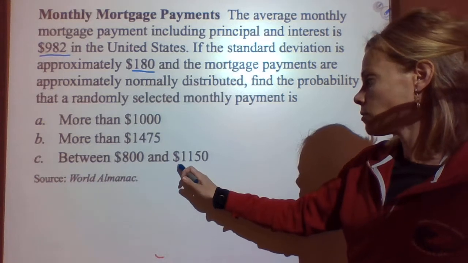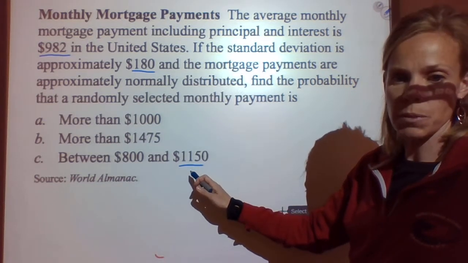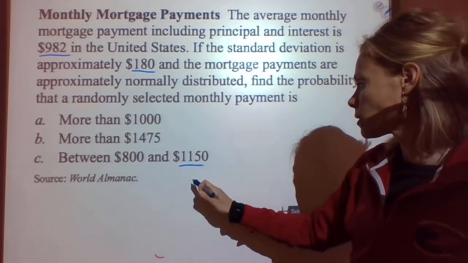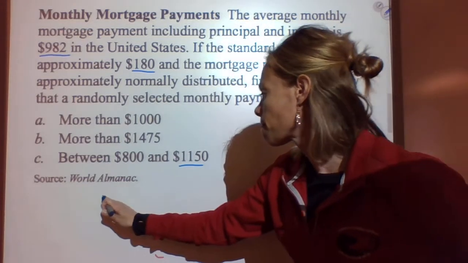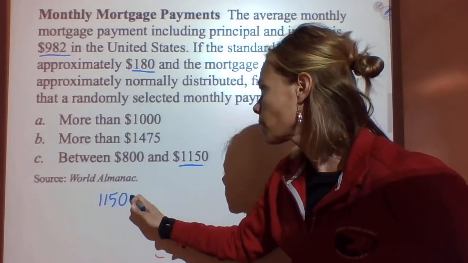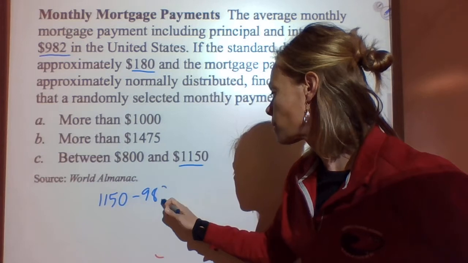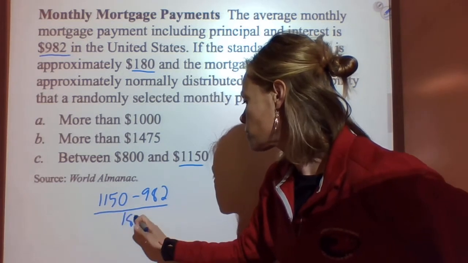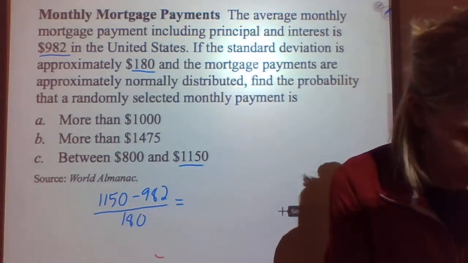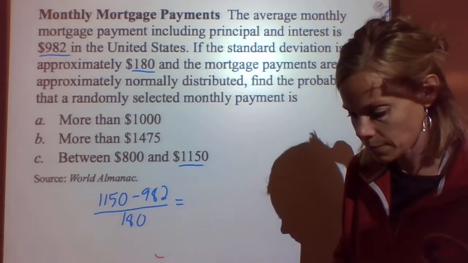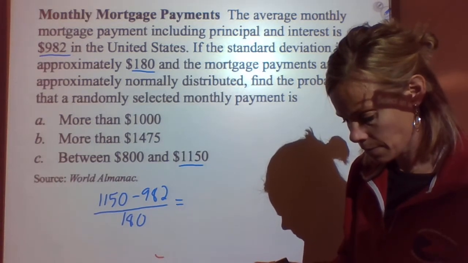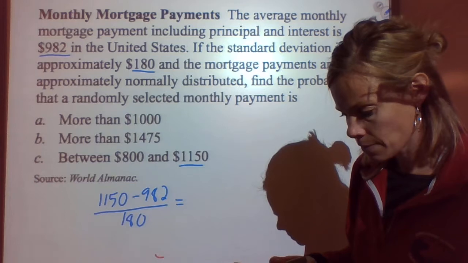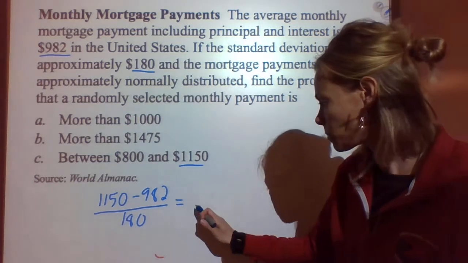I'm just going to do the bigger number first, because that's going to be the bigger z-score. So 1150 minus the mean divided by standard deviation is 0.92.